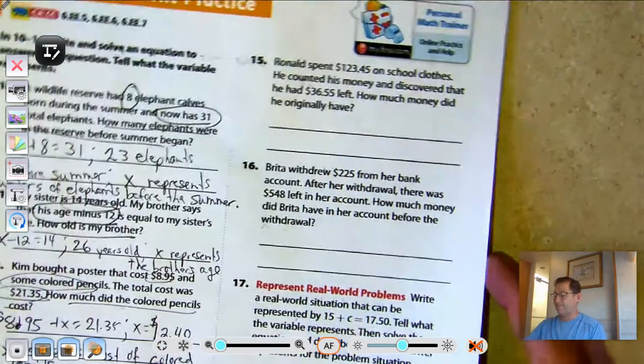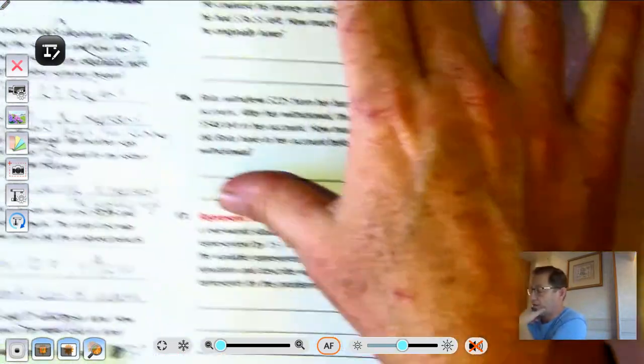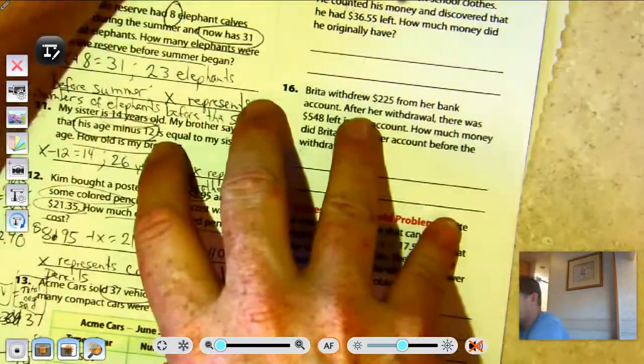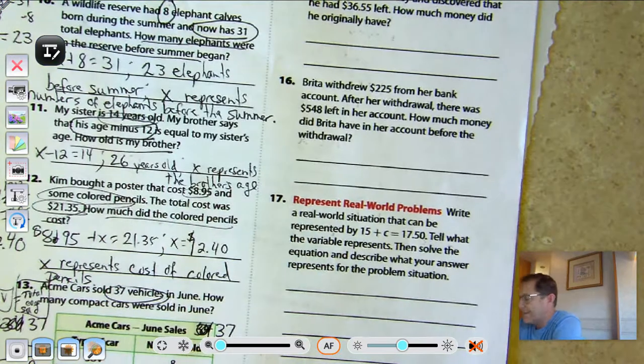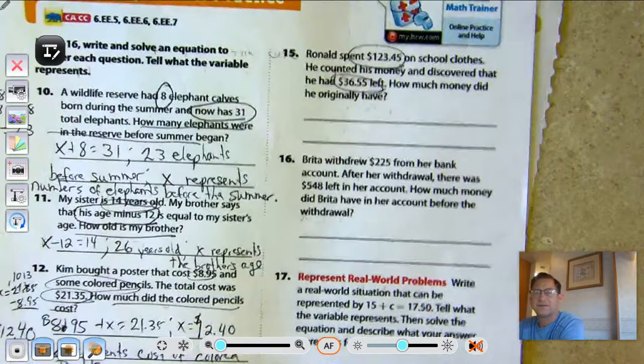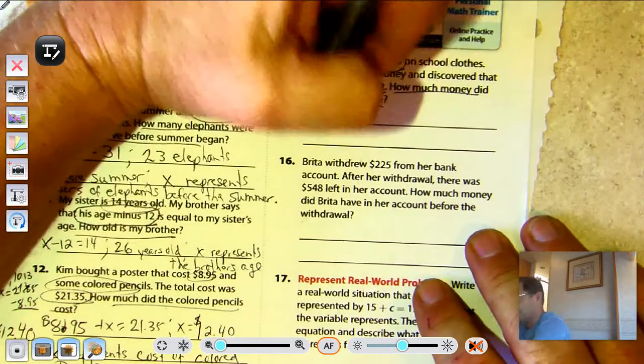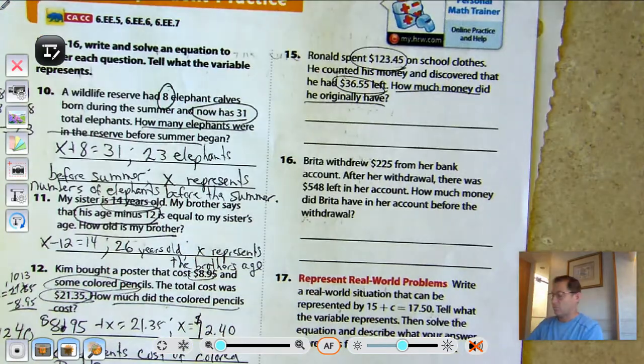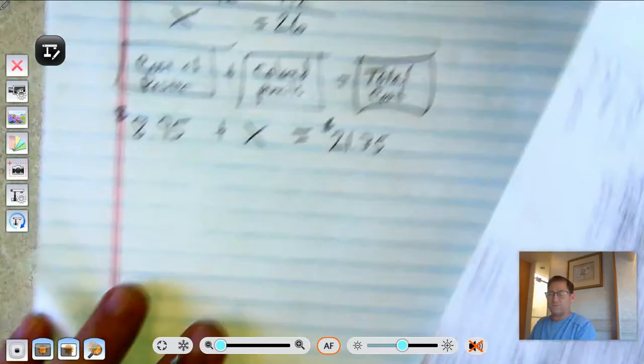Okay, 15. Ronald spent $123.45 on school clothes. He counted his money and discovered that he had $36.55 left. How much money did he have originally? So we can use this as a subtraction problem.